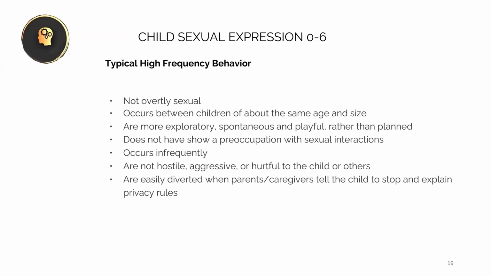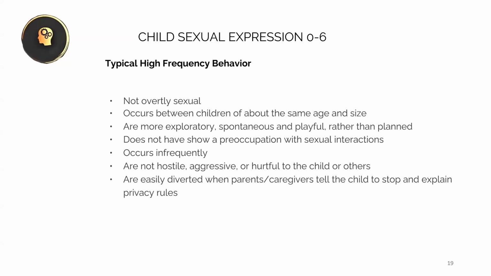These behaviors are not hostile or aggressive or hurtful to the child or others. And the behaviors are easily diverted when the parents or caregivers tell the children to stop or explain privacy rules.